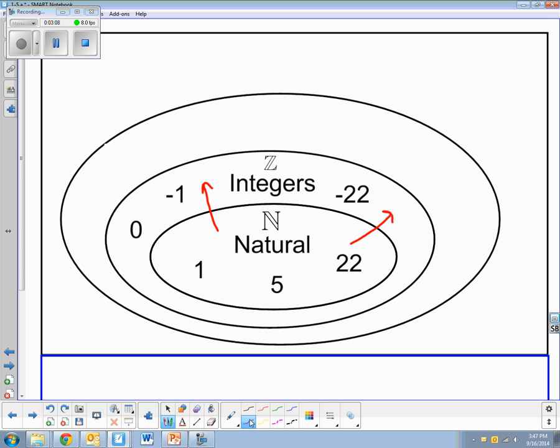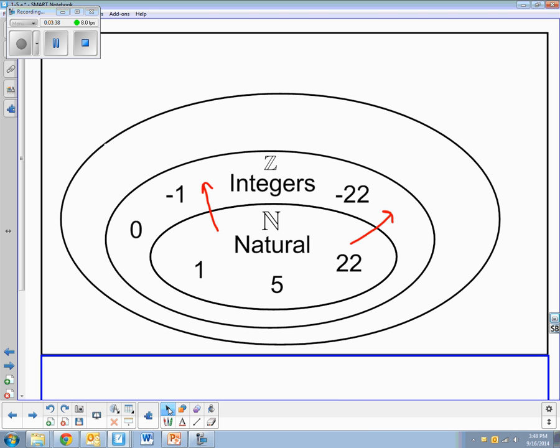So it works going out, like the arrows are right there, but not going back in. You can't work back in, so it only works going out. Anything that's in the natural oval is also inside of the integer oval, and that's because a natural number, 1, 5, 22, meets the criteria of being an integer. It's a positive whole number or a negative whole number, or 0.